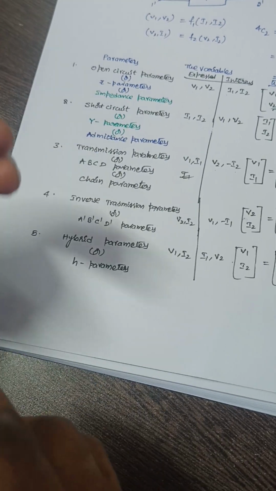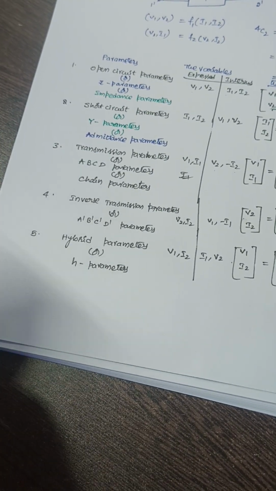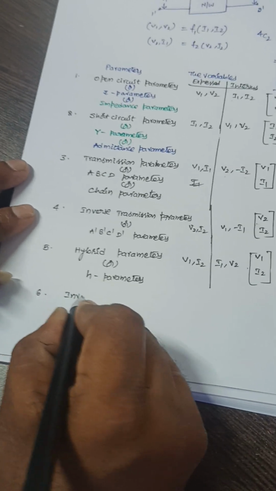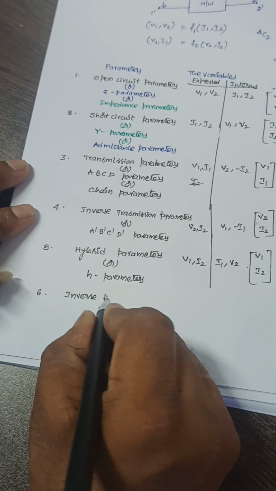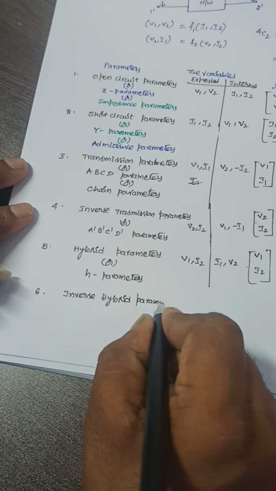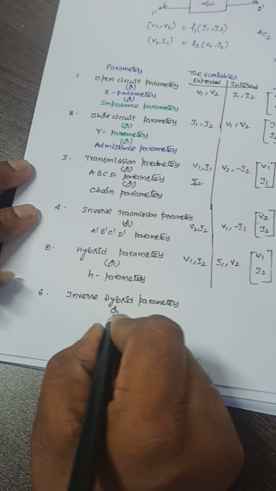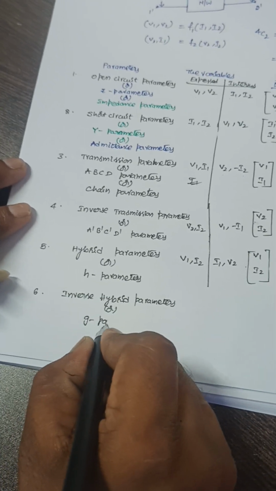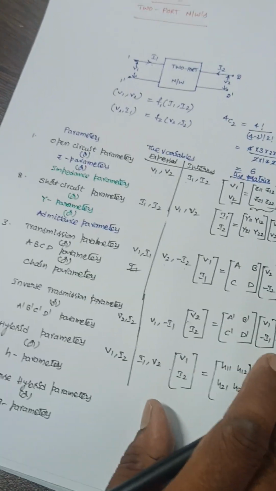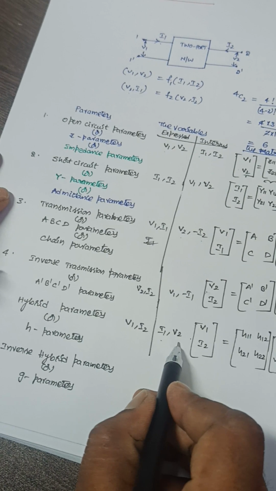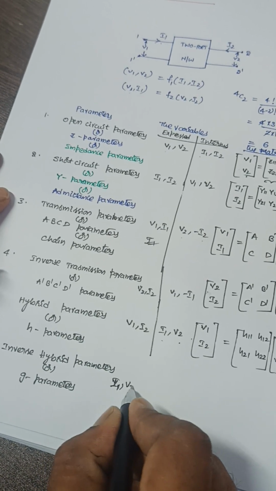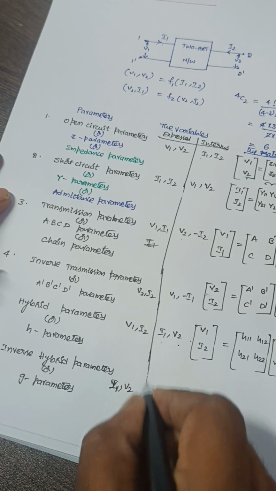Next, the sixth parameters are inverse hybrid parameters, or G parameters. In this, I1 and V2 can be expressed in terms of V1 and I2.